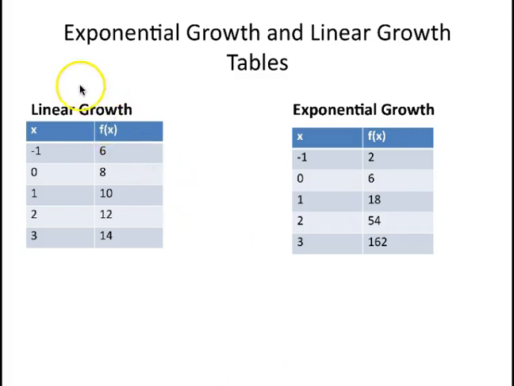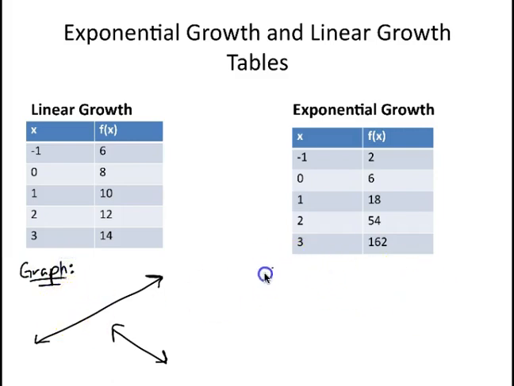So linear growth, remember linear functions, when we graph them, they are going to be a straight line. We can increase, we can decrease, but linear functions, when we graph them, we will get a straight line.